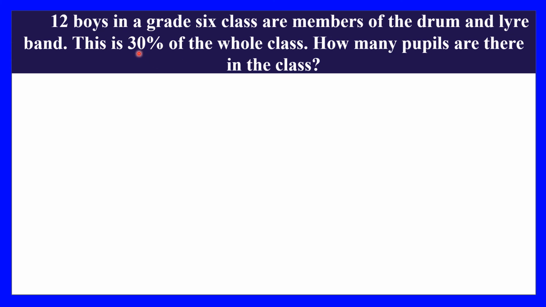So, ibig sabihin, 30% ang rate of the whole class. Since hinanap, ano yung whole class? Ito yung nawala. So, base ang nawala. So, 30% of the base or of the whole class. And then, 12 is the percentage. So, given percentage is 12, P is 12, rate is 30%, and then ang nawala is the base.